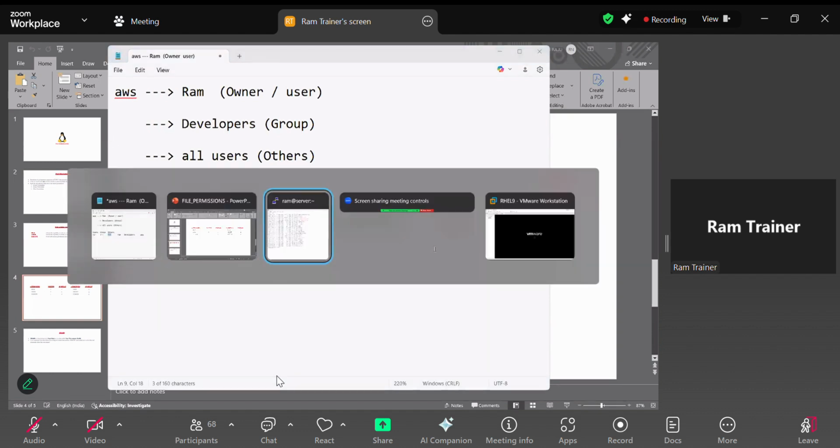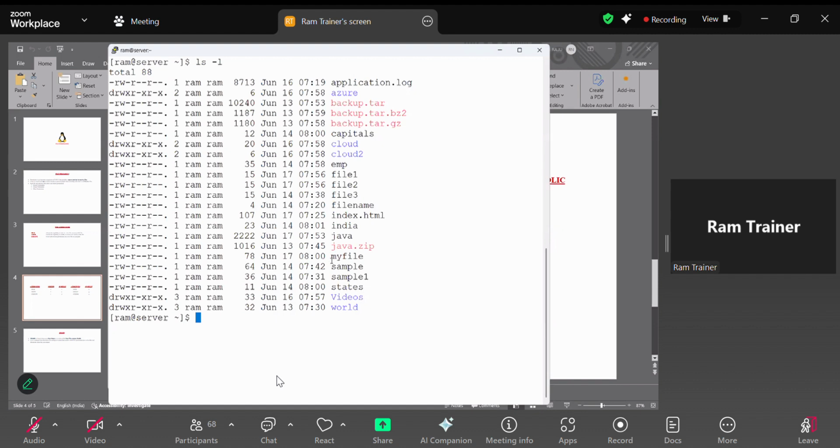If you go here, see that for example, my file is there. The owner name is Ram and the group name is also Ram. The first 3 bits belong to the user. User Ram can manage my file with read and write. And the next 3 bits are group permissions.